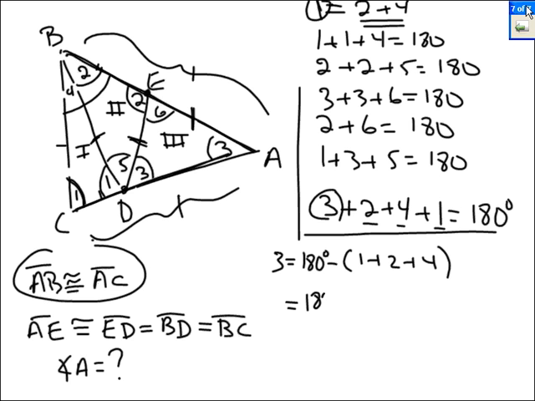So this is 180 degrees minus 1 plus 1 is that one. 2 plus 4 is another one. Alright, so if I can only find out what 1 is. Do I know anything about 2 and 4? It equals 1.